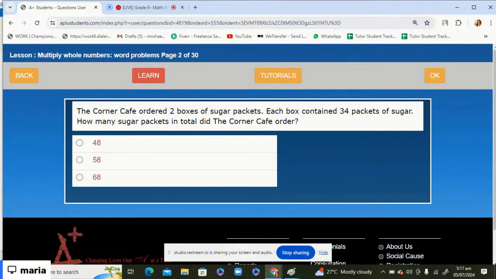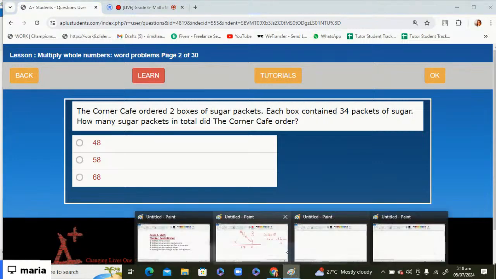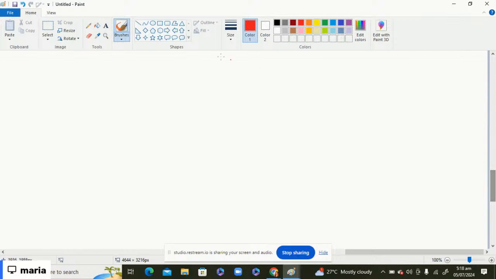Okay, solve this one. The corner cafe ordered 2 boxes of sugar packets. 2 boxes. Each box contained 34 packets of sugar. How many sugar packets in total did the corner cafe order? So this is 34 times 2. The simple thing, we are going to multiply 34 with 2. Okay, 34 times 2.